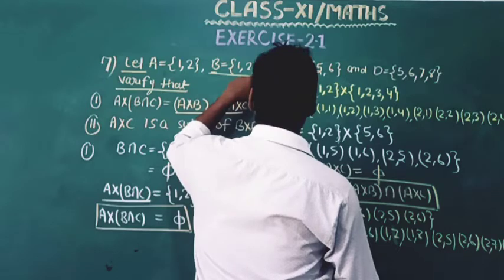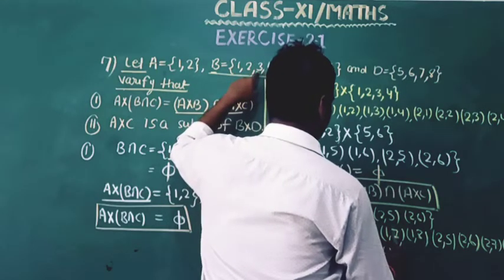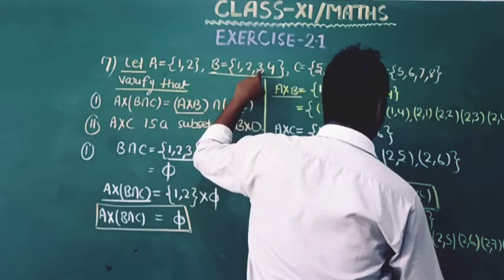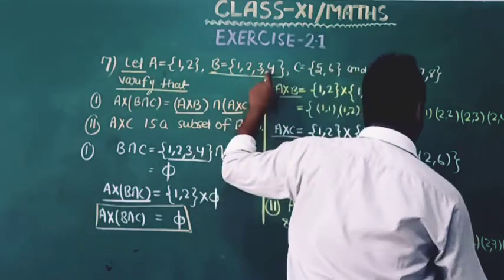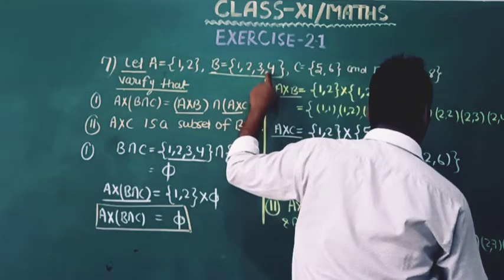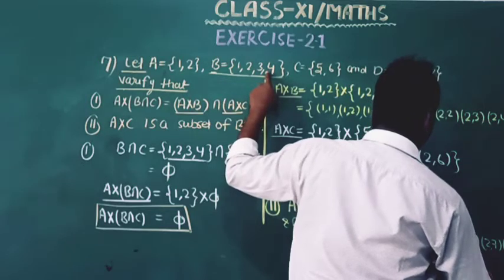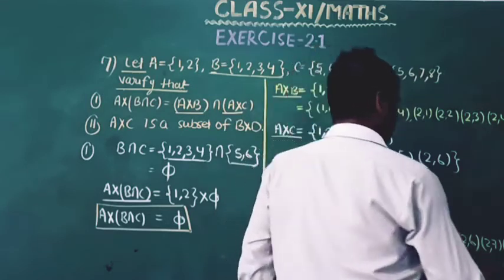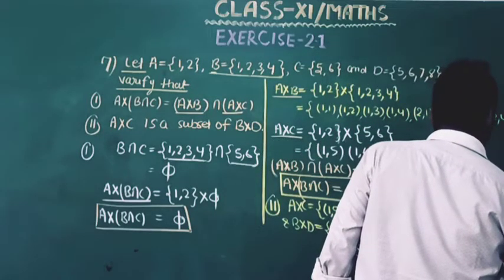This is 3 comma 5, 3 comma 6, 3 comma 7, 3 comma 8, and last is 4 comma 5, 4 comma 6, 4 comma 7, 4 comma 8.